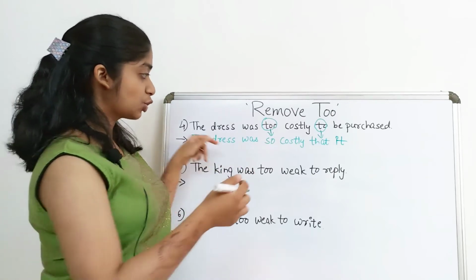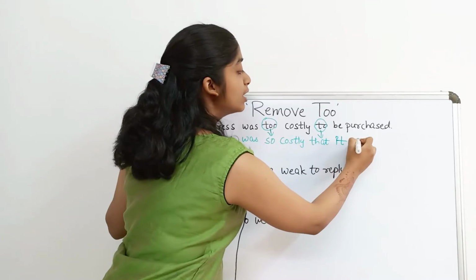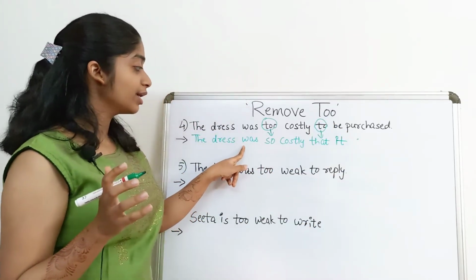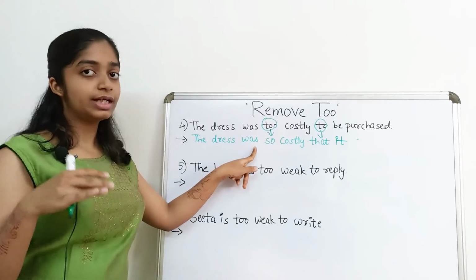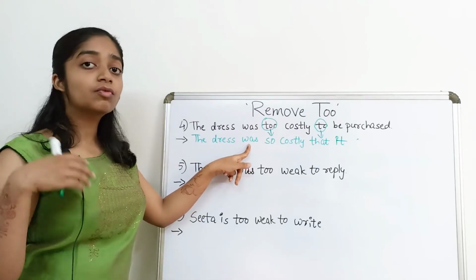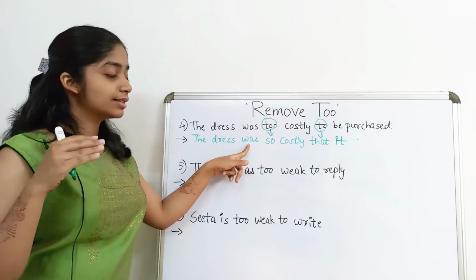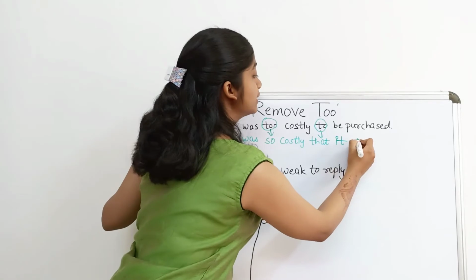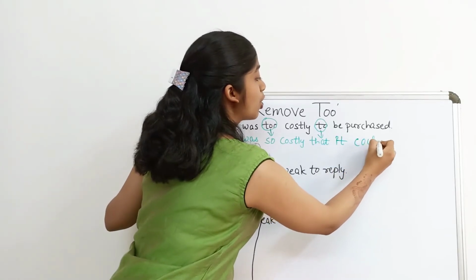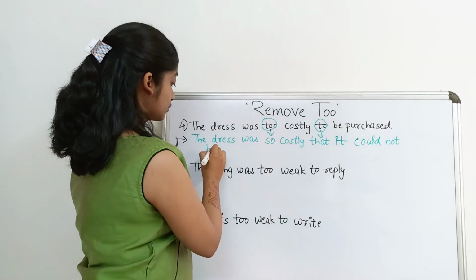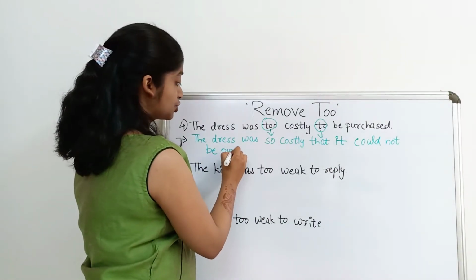The dress was so costly that it cannot or could not. This is the confusion. Here we will write "could not", because we come across the word "was". The sentence is in the past tense. The dress was so costly that it could not be purchased.